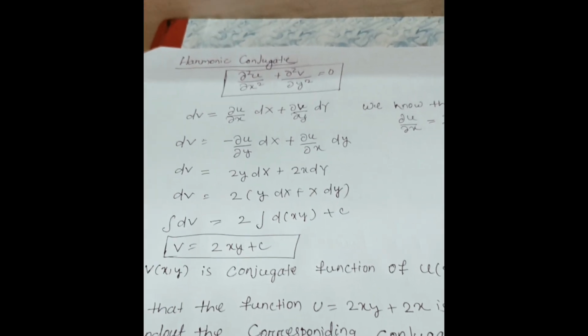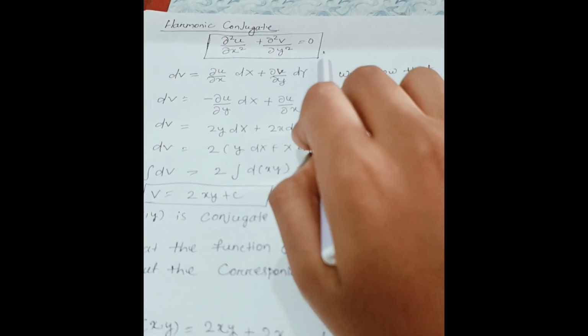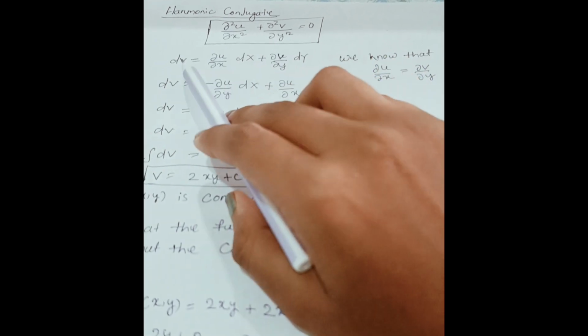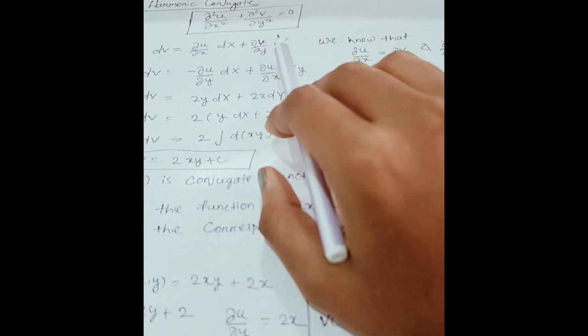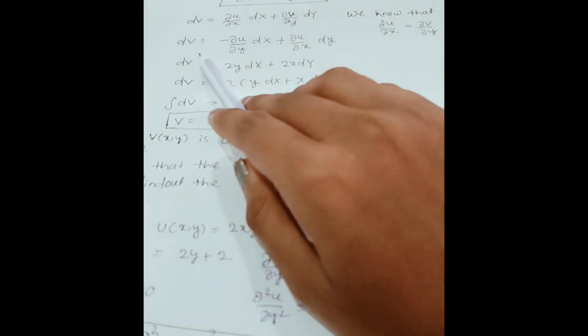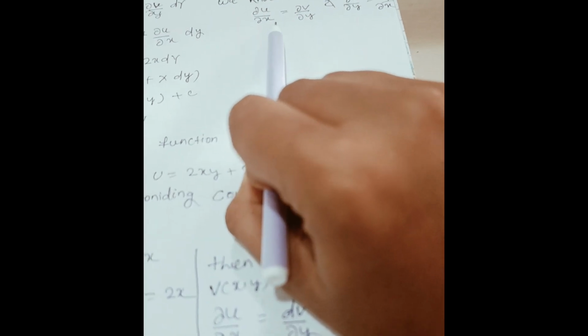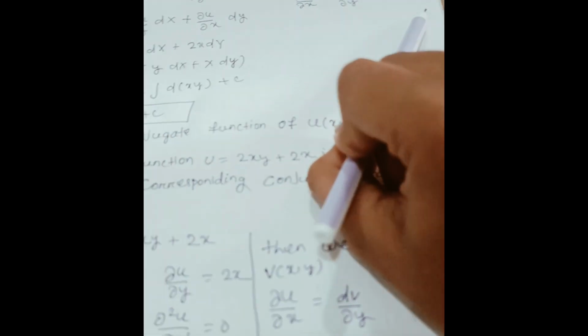What is the harmonic conjugate? del squared u by del x squared plus del squared v by del y squared equals 0. Then how can we find v? We know that dv equals del v by del x dx plus del v by del y dy. Now we know the CR equations: del u by del x equals del v by del y, and del u by del y equals minus del v by del x.